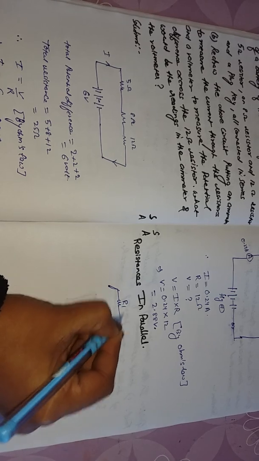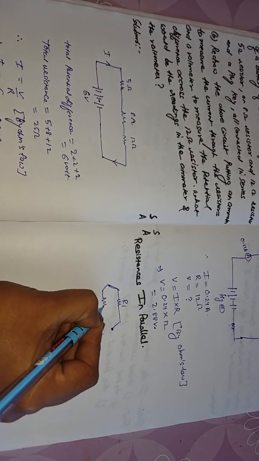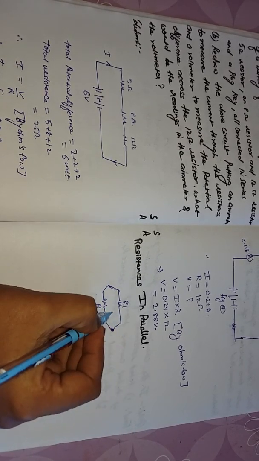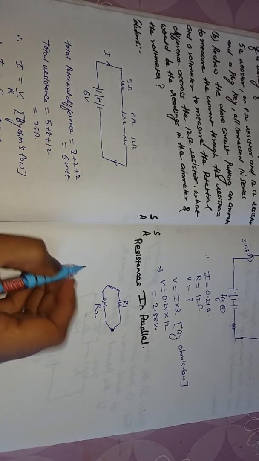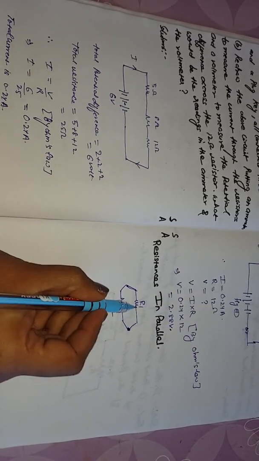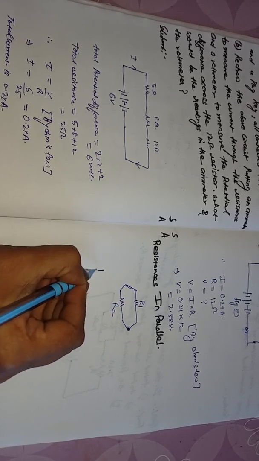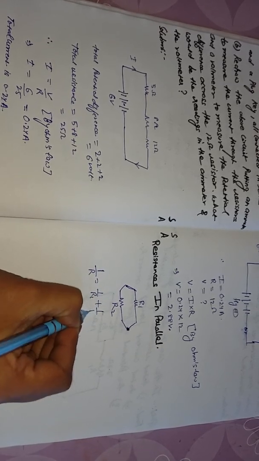Here the resistance R1 and resistance R2 are connected in parallel. When we calculate the resulting resistance across R1 and R2, that is 1 upon R equal to 1 upon R1 plus 1 upon R2.